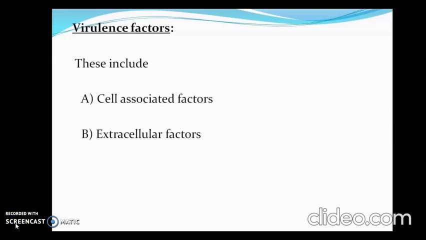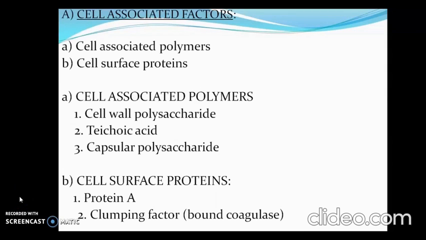There are several virulence factors in Staphylococcus aureus, and mainly they are divided into cell-associated factors and extracellular factors. The first one is cell-associated factors, that includes cell-associated polymers and cell surface proteins. The cell-associated polymers include cell wall polysaccharide peptidoglycan that confers rigidity and structural integrity to the bacterial cell.